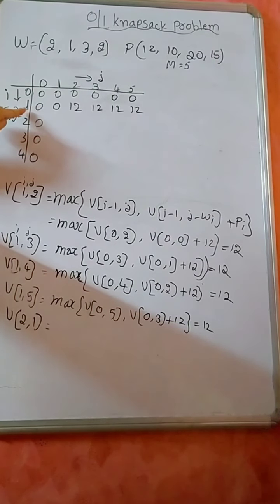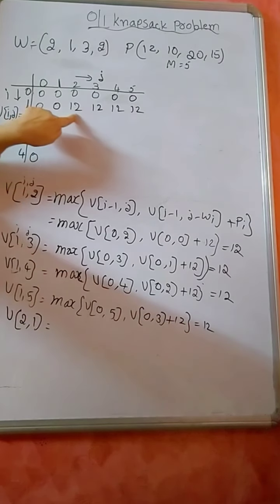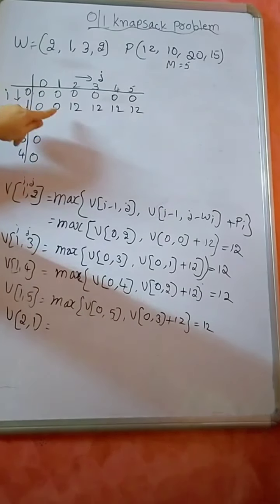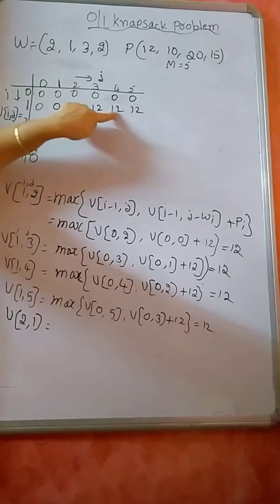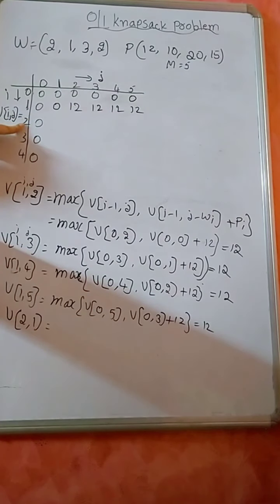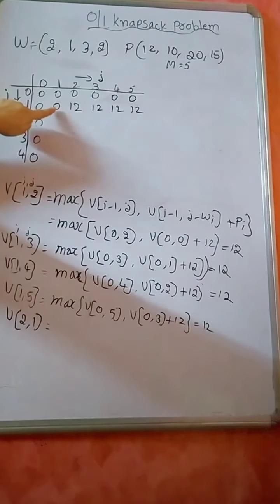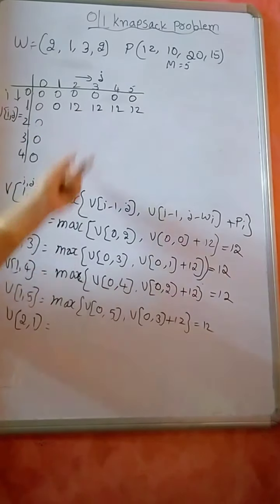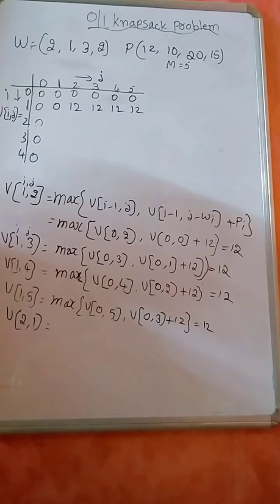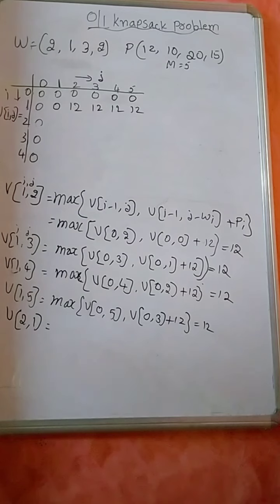After solving the first sub problem, this is the result I am getting. Now I am using this result to solve the next sub problem. What is the next sub problem? It is selecting the second object. Now I am considering this particular row, I am using this particular row. So that is the concept of dynamic programming: you will be using the previous result for calculating the next sub problem.